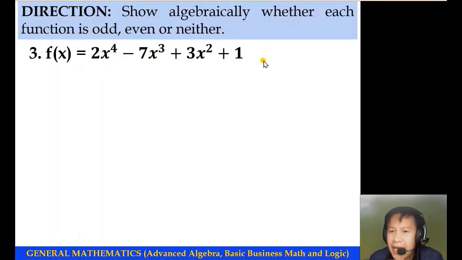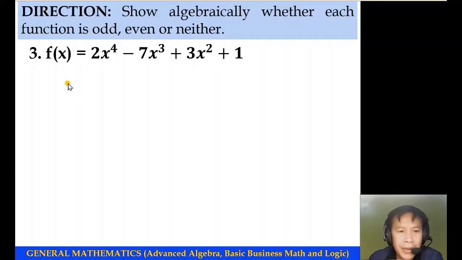We can say that this is neither odd nor even because there is an odd exponent, while we have the even exponents 4, 2, and 0. Therefore, this is neither even nor odd.